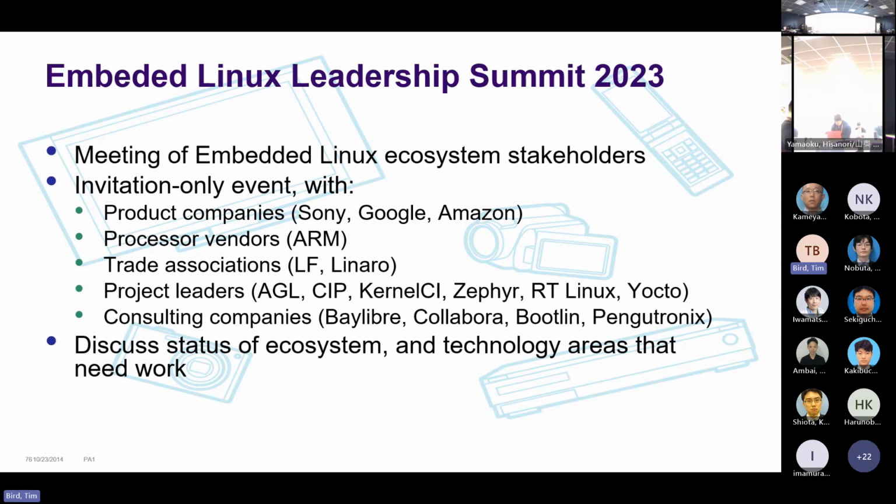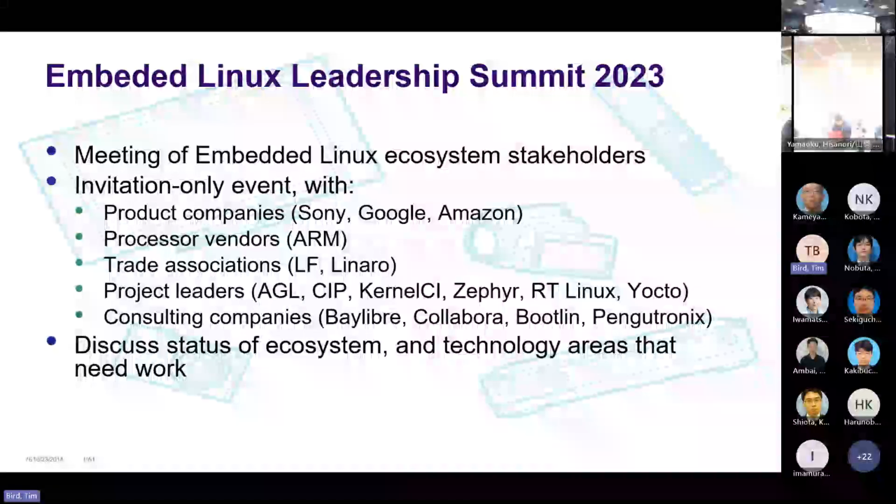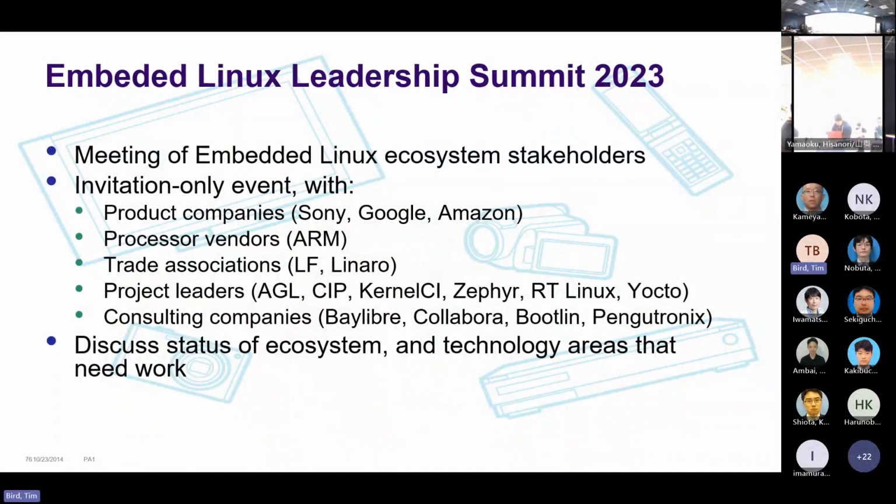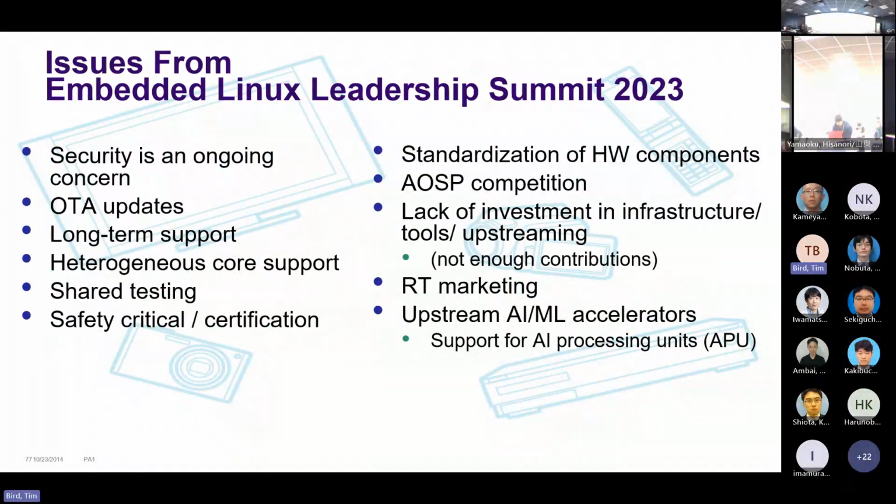One talks about some of the discussions we had at the Embedded Linux Leadership Summit. This was leaders in embedded Linux, consisting of companies, product vendors, trade associations, project leaders, and consulting companies. We tried to come up with a list of areas that we needed to work on, and this is the list we came up with.